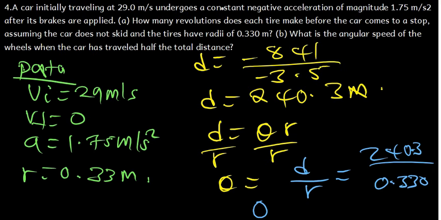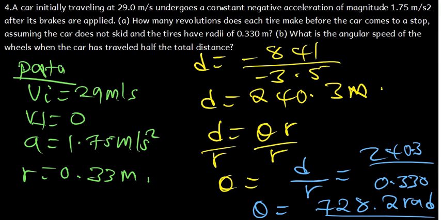So our theta in rad is going to be 240.3 divided by 0.330. So this is giving me 728.2 rad. Now the question is, we have to put the answer in revolution.